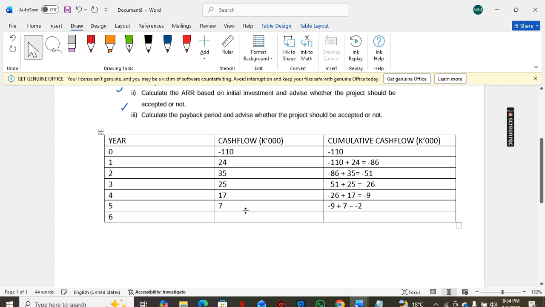Year 5, another 16 million here, residual value. 16 plus negative 2. That should be 14, right? Yes, it's 14. Okay.